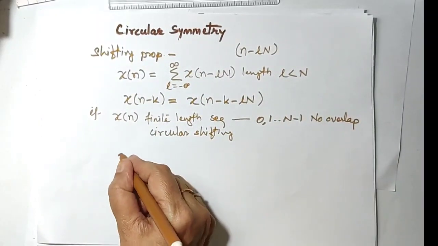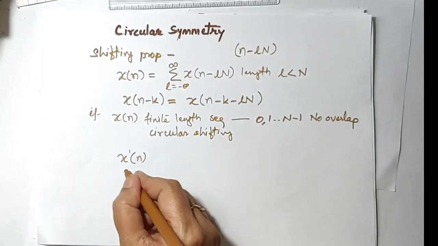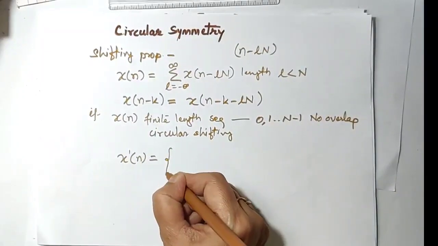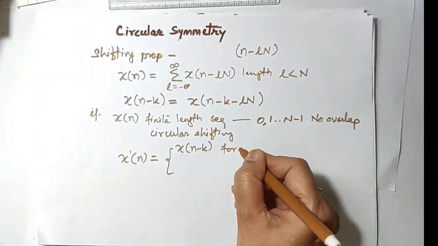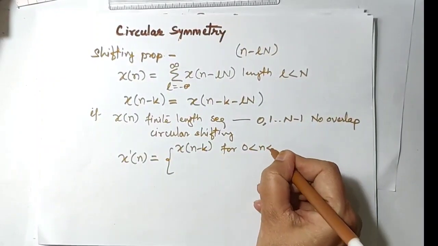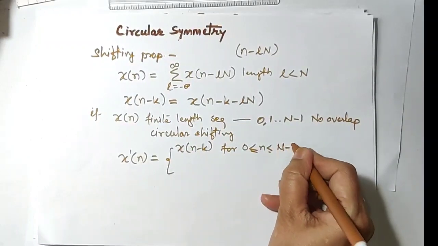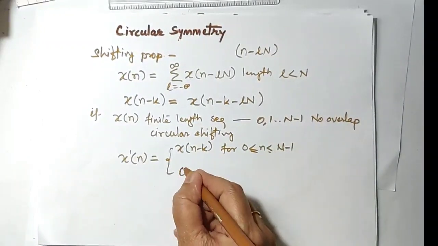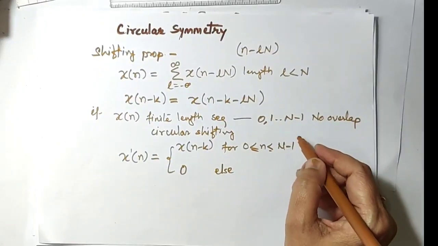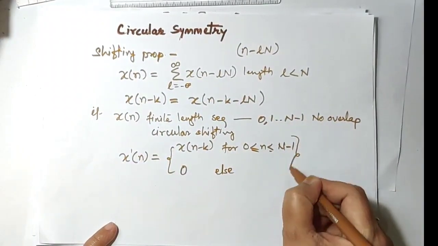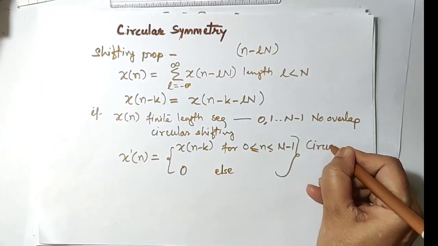I can write it like this: suppose x'[n] is the shifted value, then x[n - k] for n lying from 0 to N minus 1, and 0 otherwise. So this equation is the circular shift.